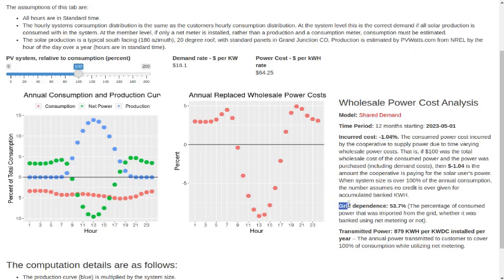However, there's another twist to this whole thing, and that is what I'm calling grid dependence. And that means that that solar user, of course, cannot produce power at night, and they're importing from the grid. And when you take a look at the percentage of time that they're importing power from the grid, you get the grid dependence. And in this example, it's 53.7% of the time they're importing power.